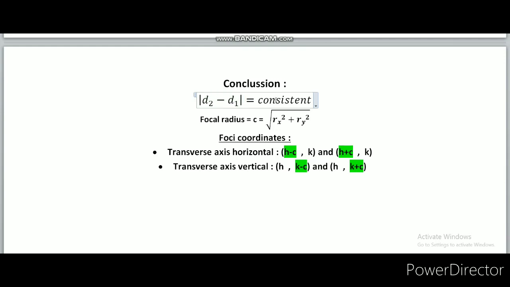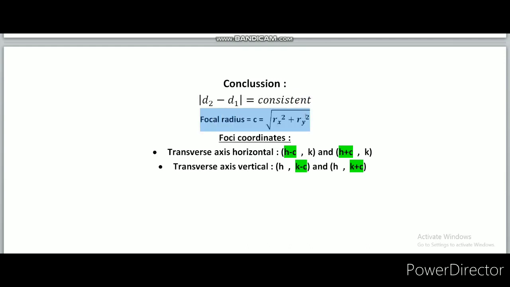Okay, so the conclusion is, first, the difference in absolute value, of course, because we are not talking about negative values, will always be consistent. And since we use c as your focal radius, this is the formula. Where you get it, I hope you can read it from the textbook because it's clear and very easy to understand.